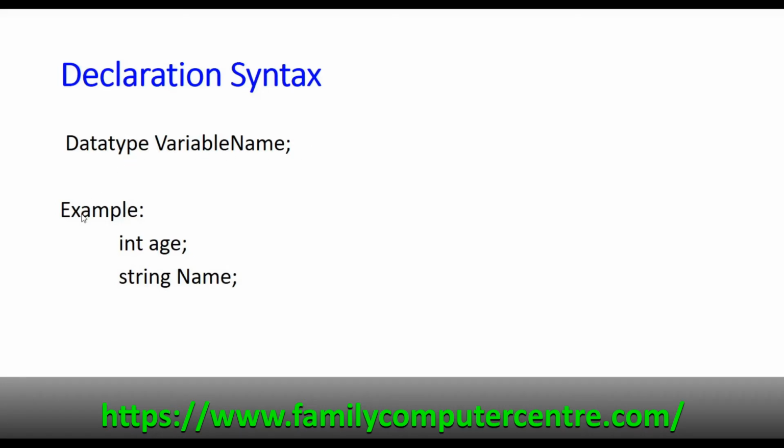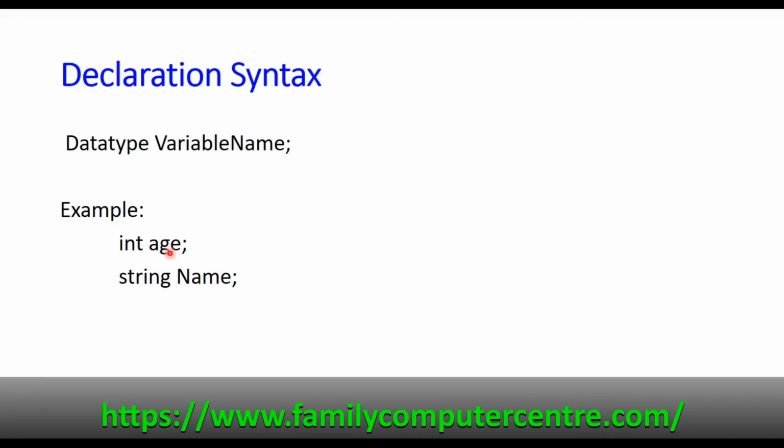Here are two examples. You can see int age: int is the data type and age is the name of the variable. And string name: here string is the data type and name is the name of the variable.